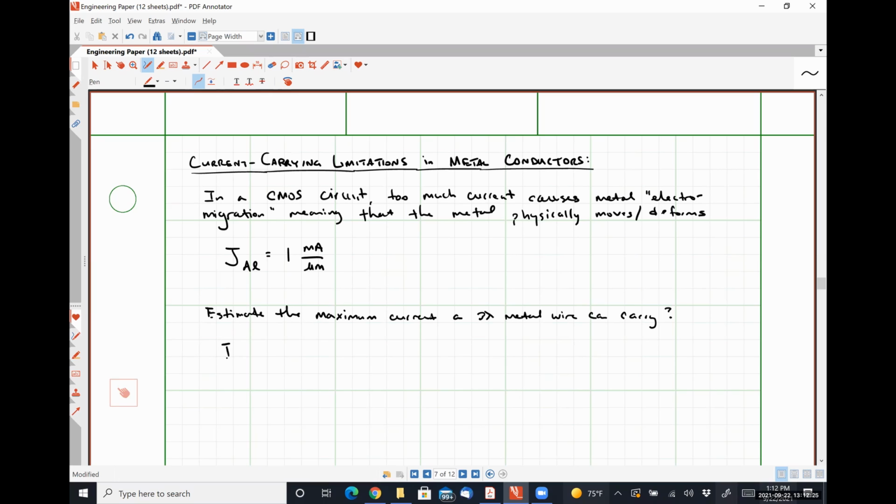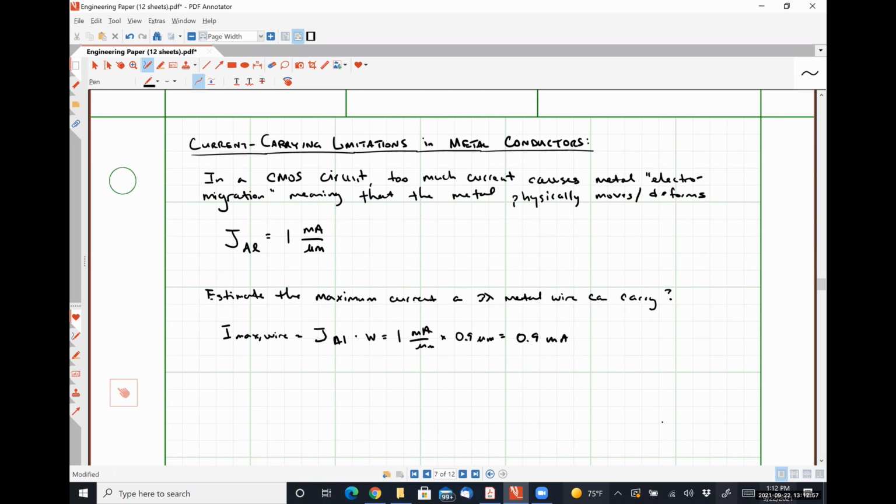Our maximum current is our current density threshold multiplied by the width of the wire. That's going to be 1 milliamp per micron times 0.9 microns, 0.9 milliamps. All easy peasy lemon squeezy, right? None of that math is hard. So internal to our chip, the largest current that we can have before we start breaking stuff by passing too large of a current through things is 0.9 milliamps.